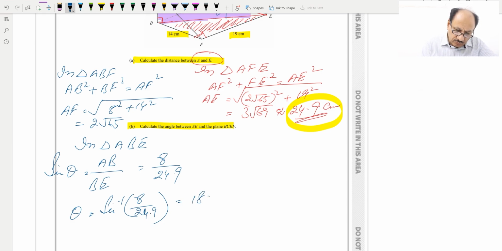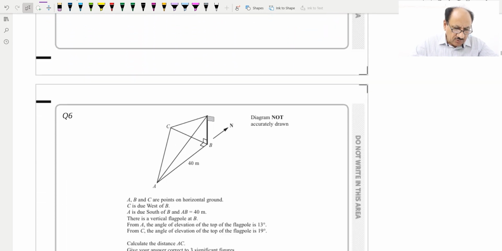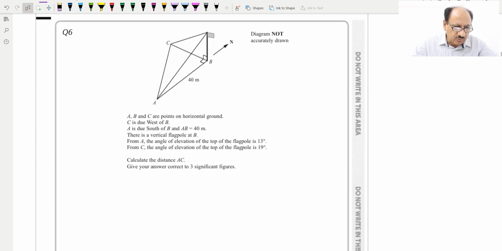So 18.74 degrees, so we can write up to 3 significant figures, 18.7 degrees, and this is again the answer. This is basically a total of 6 marks, so A and B parts both are 6 marks. Now question number 6, and question number 6 is basically a very important question.